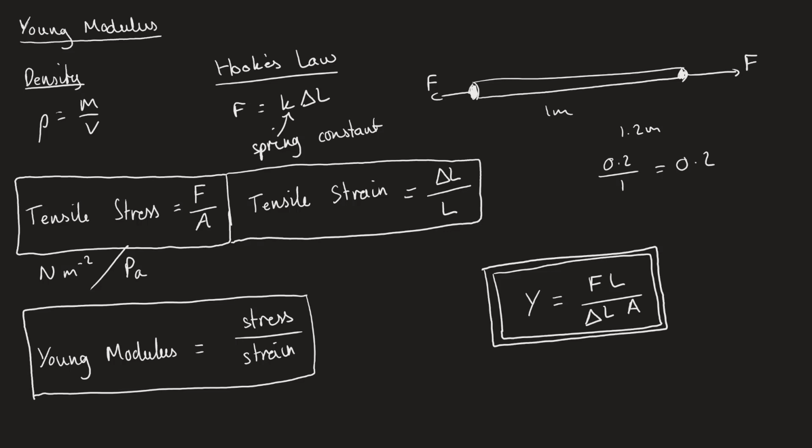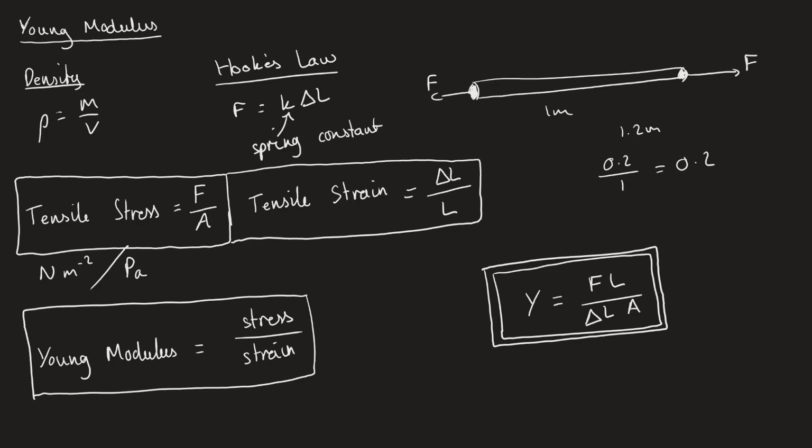This is a constant number. If I change one of these variables, it might change delta L, it might change A, or it might change F. One of these things will change, but it's never going to change Y, because Y is the constant of proportionality between stress and strain. So if I change any of these variables, I can't change the value of Y. It's a constant because it's a property.